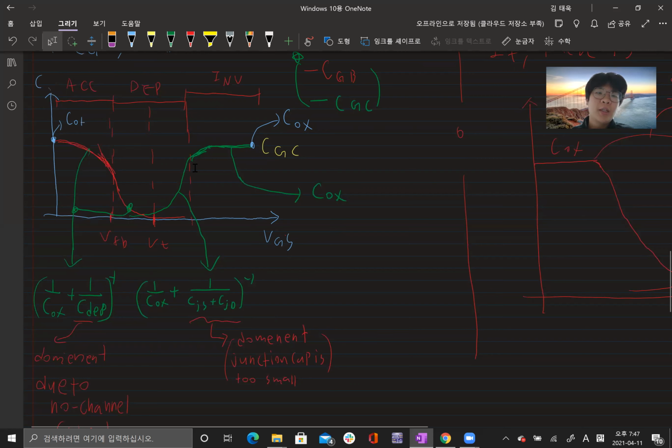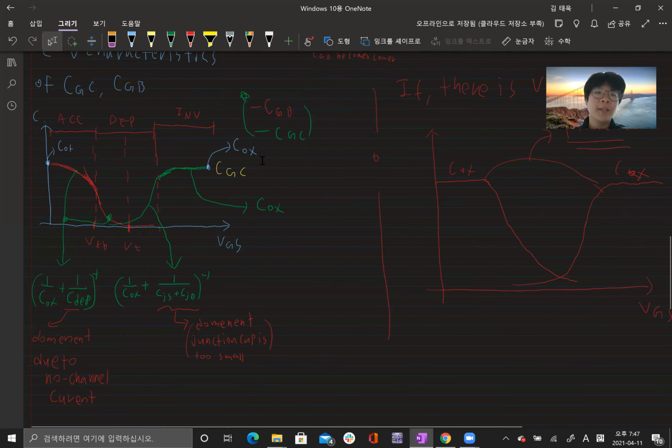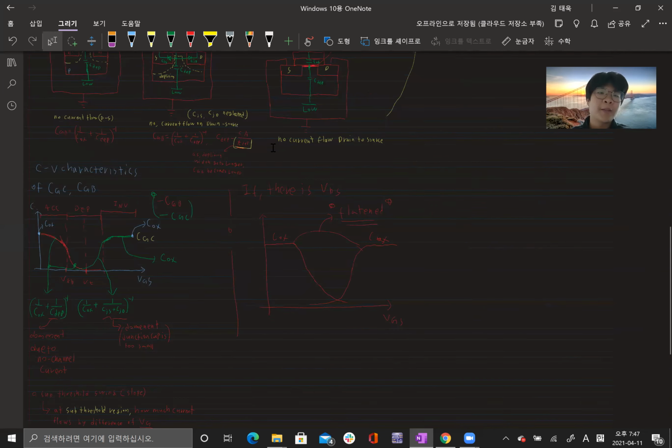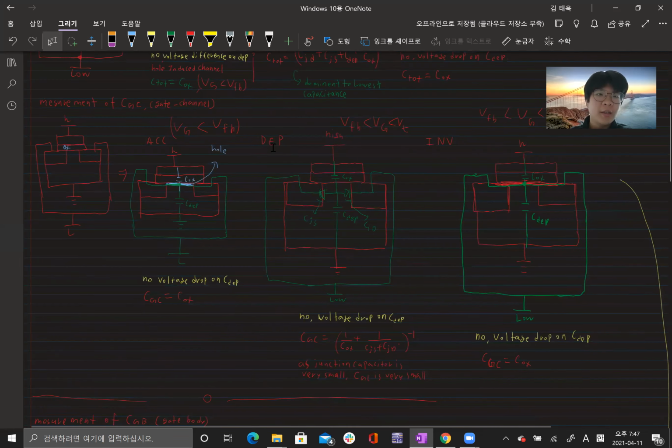As we go through weak inversion and strong inversion, there will be a constant oxide capacitance, because when we measure gate channel capacitance, we biased like here.